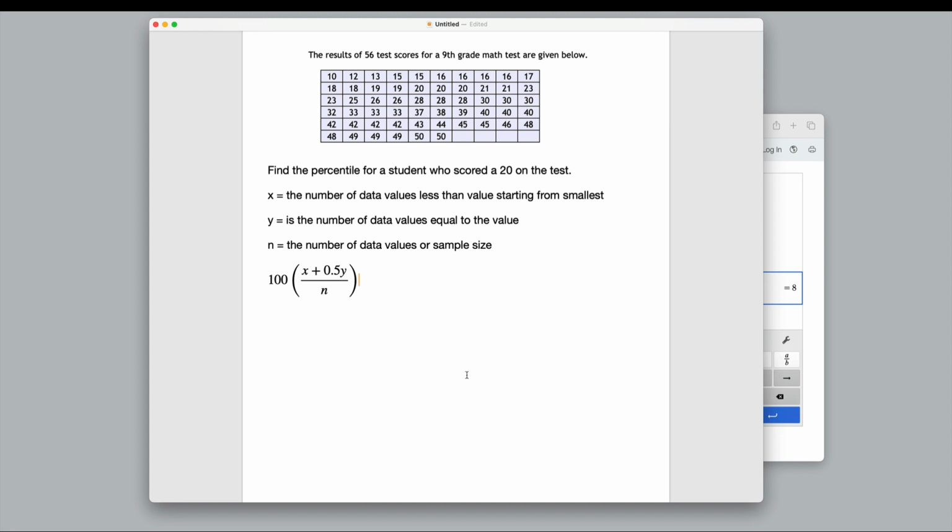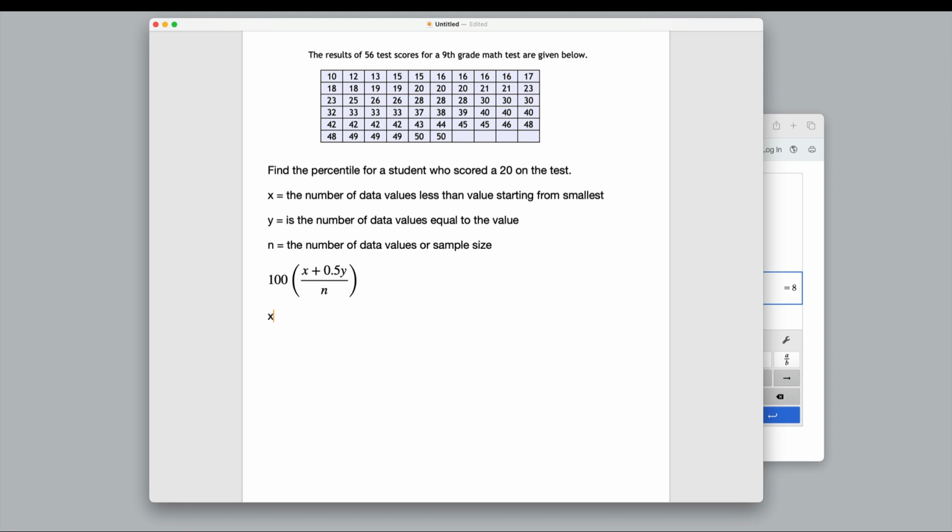To answer this question, we use this formula: calculate 100 times the quantity (x plus 0.5y) all over n, where x is the number of data values less than the value starting from smallest, y is the number of data values equal to the value, and n is the number of data values, or sample size. This basically tells us what percentile this would be. So we need to identify what x, y, and n are.